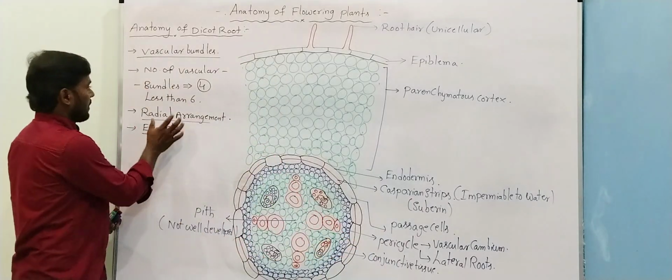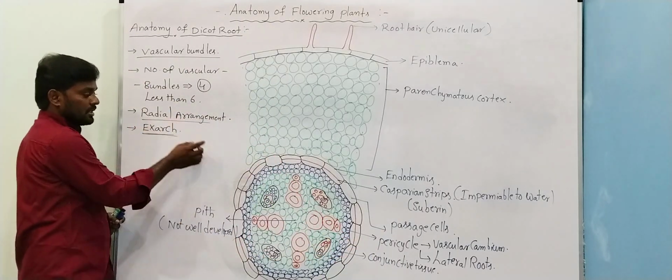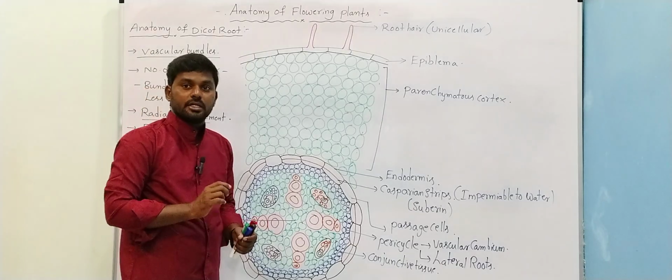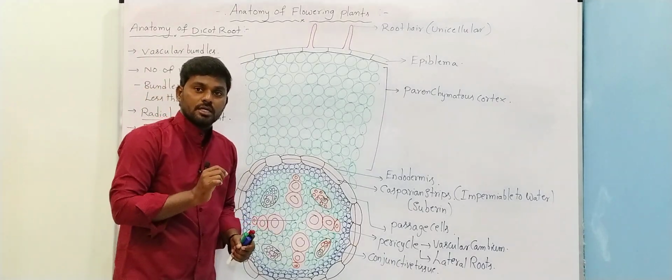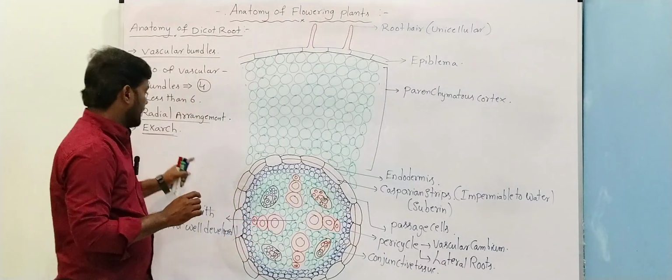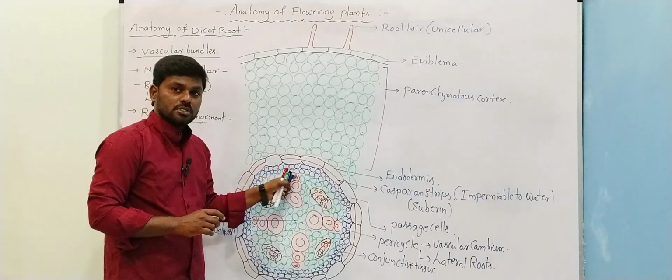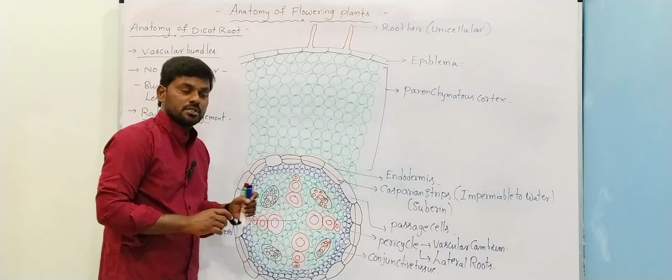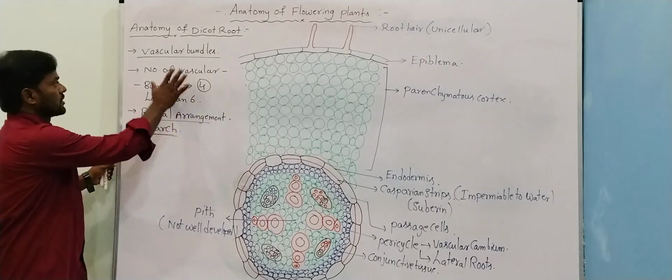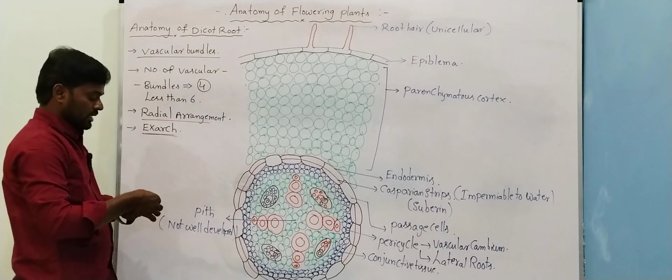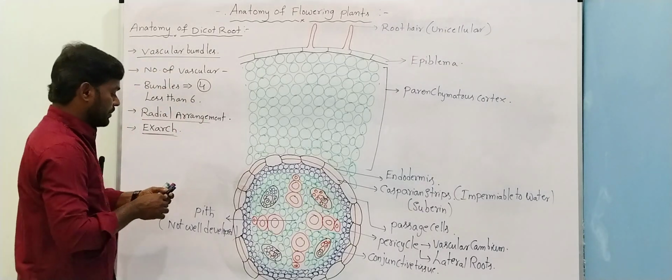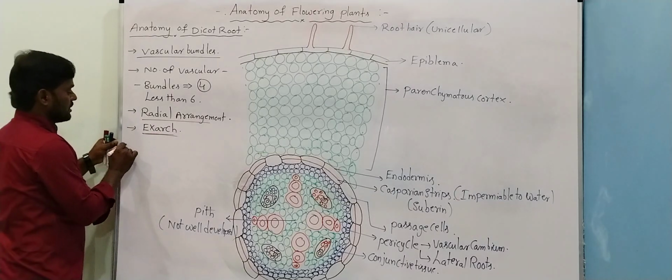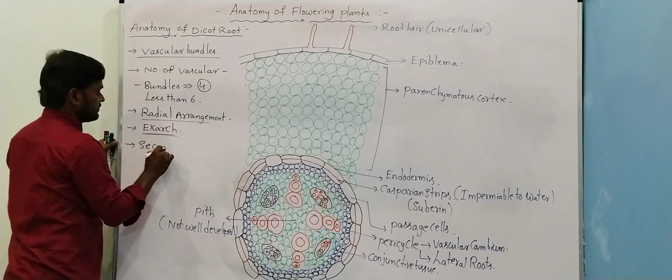Okay. Next one, the vascular bundles are arranged in a radial arrangement. Radial means the xylem and phloem are arranged in an alternate manner. And next one, exarch condition means protoxylem towards the outside and metaxylem towards the inner side. Okay, so these are the vascular bundle characters. And here we have to remember one more important point: secondary growth takes place.